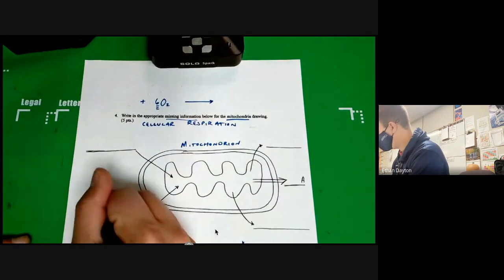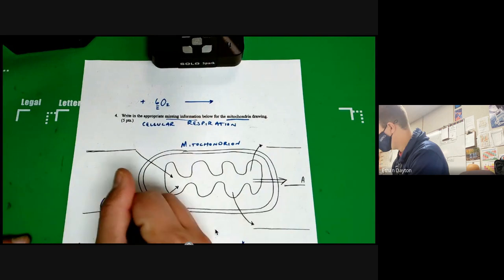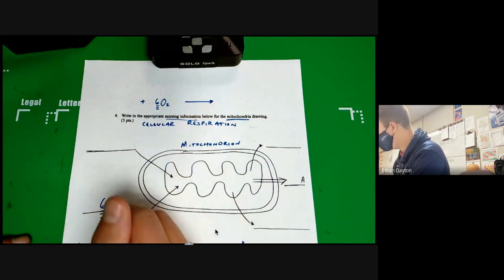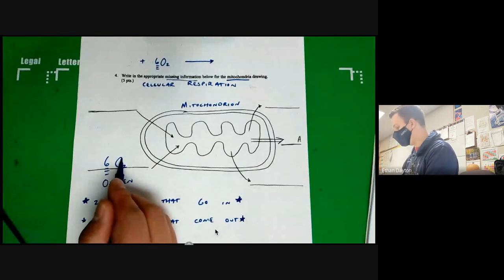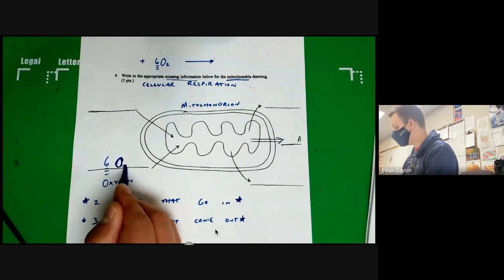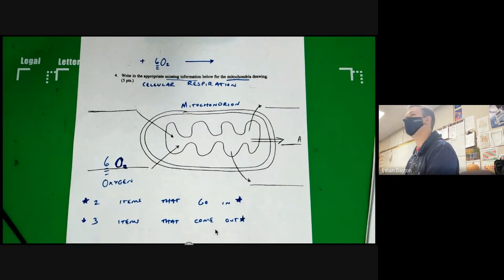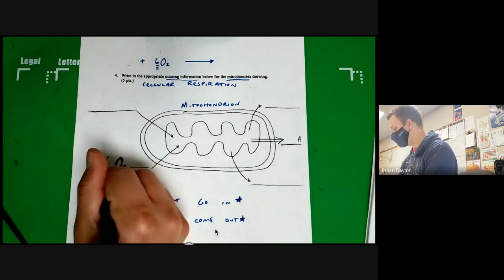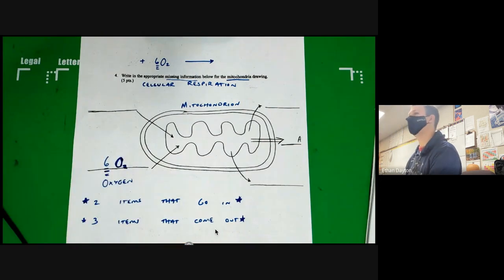I'm going to say 6 O2. If you want to write oxygen, that will also be okay. I will accept either. You can write either O2 or oxygen or both. That's a bad looking 2, but you understand.